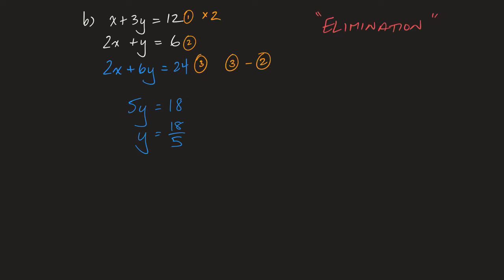There's my y equals 18/5. I can now sub my y value back into one of my originals, and maybe I sub that into, I don't know, let me sub that into 2 in this case. It'll see something a little different. That means that I get a 2x plus 18/5 is going to equal 6.